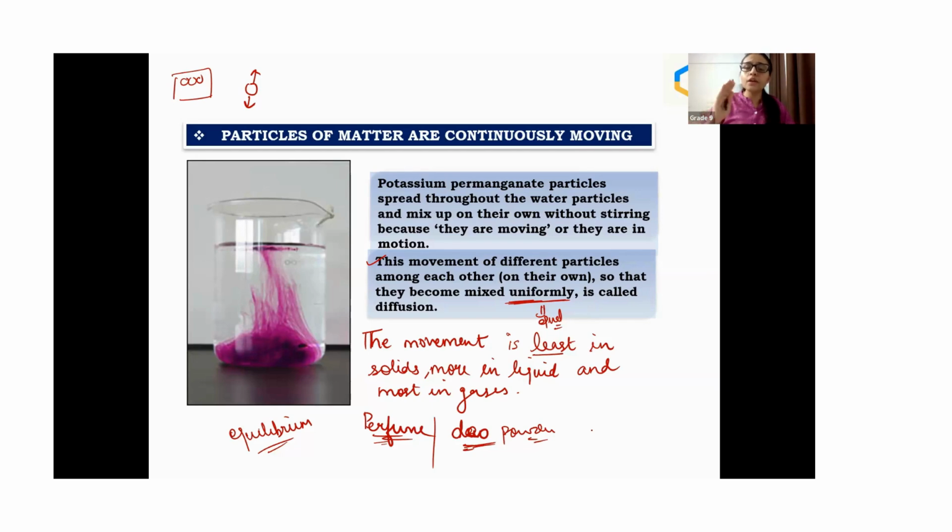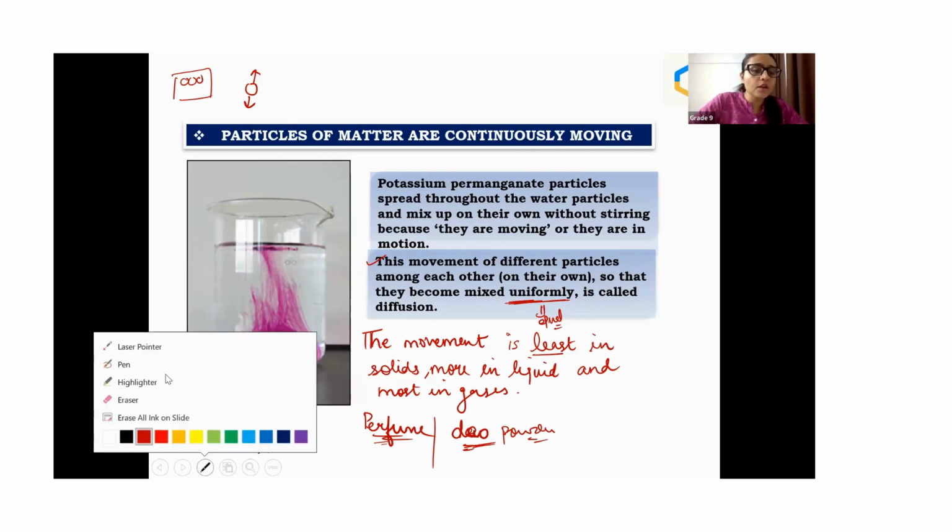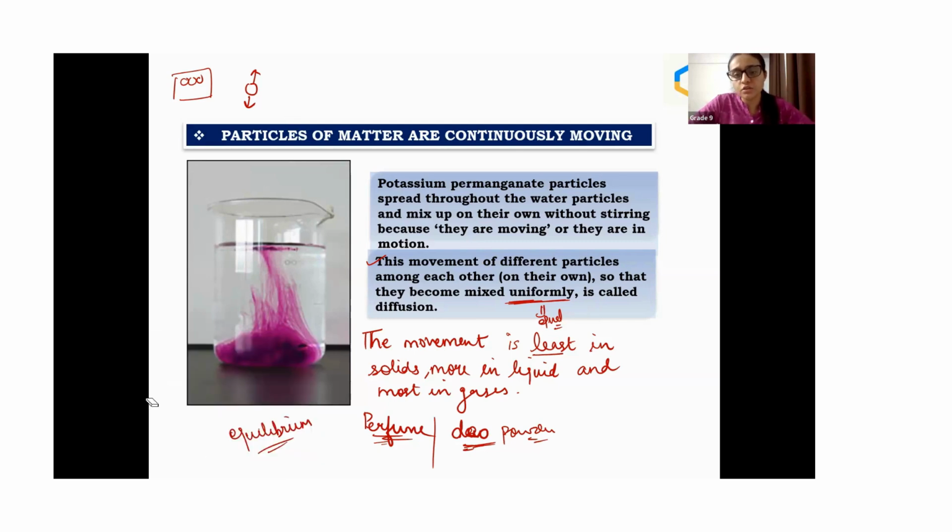So we are going to write a relationship of diffusion among different states of matter. Please understand and write these relationships very clearly, because some of the questions might come from these relations only.